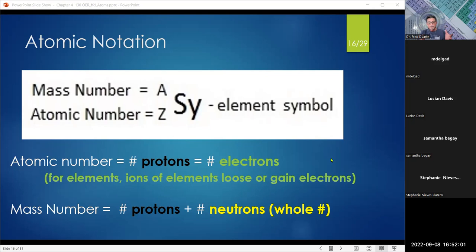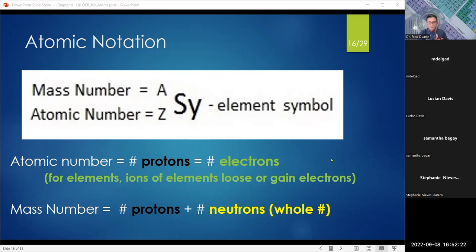When that happens, we create what are called isotopes. You may have heard of carbon-14 dating, carbon-13, carbon-12. Those are all carbon. What they differ by is the number of neutrons.